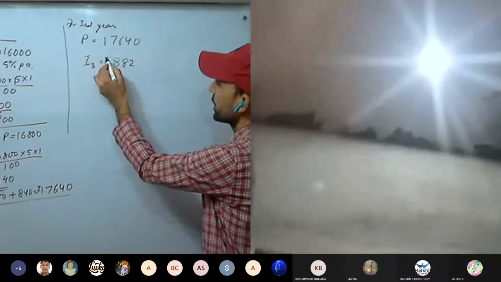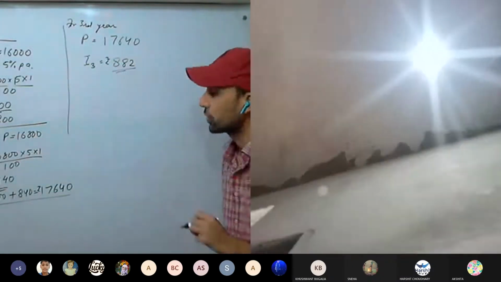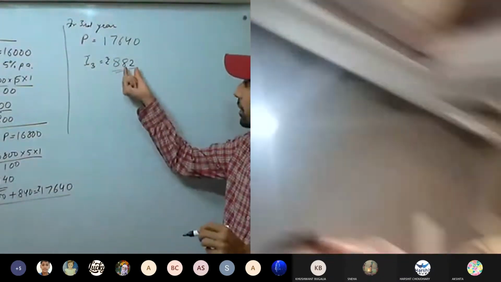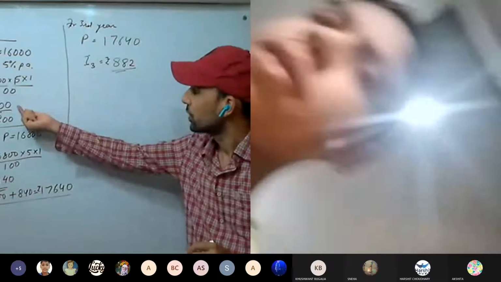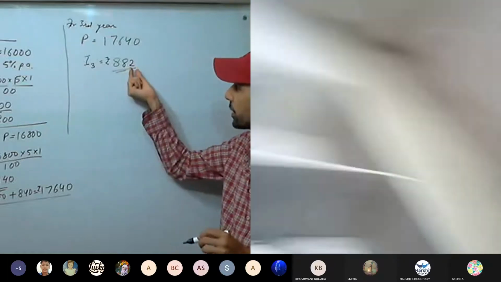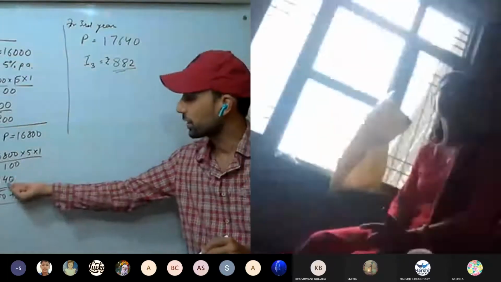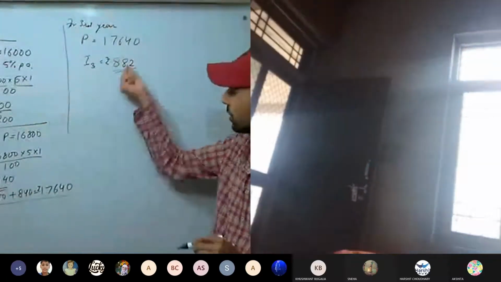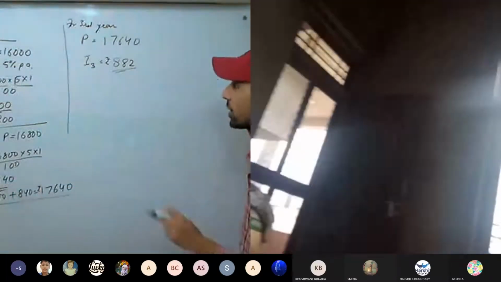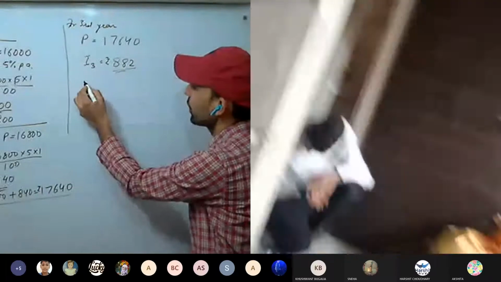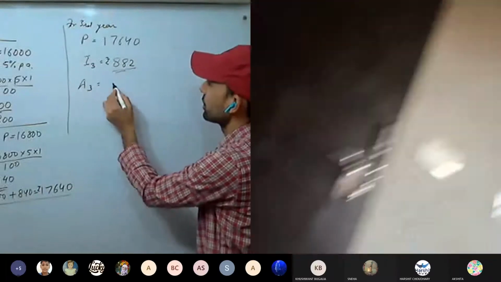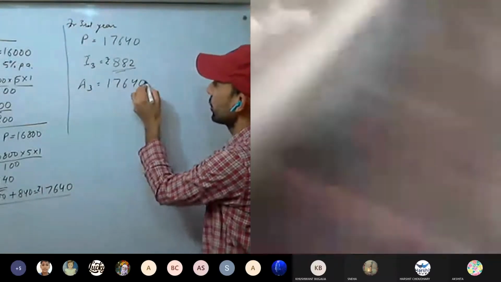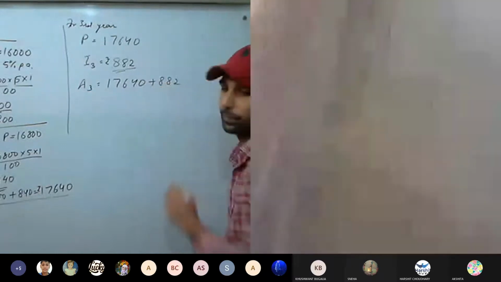882 rupees. So see here, this 42 rupees was the interest on 840, extra, that is interest on the interest. So what will be the amount? 17,640 plus 882.